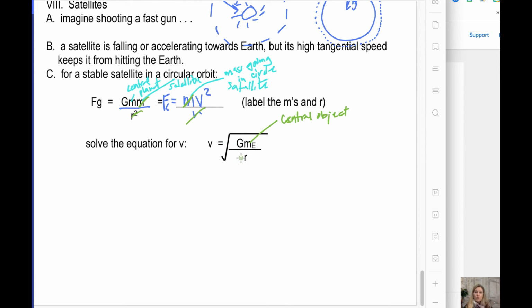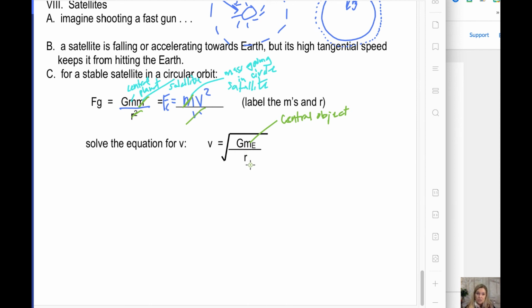If given how far out from the planet, let's say you're taking pictures of it, you want it to be a certain distance away, you would put that information in, and you would know what kind of speed you need to launch that satellite at so it would stay in a stable orbit above Jupiter. Or if you know what speed you want to set it off at, you could figure out what distance you need to place that satellite from the center.